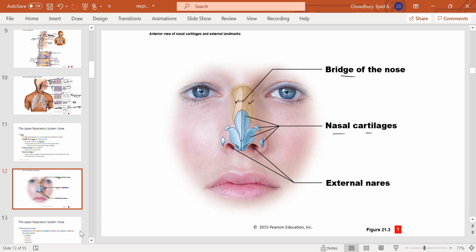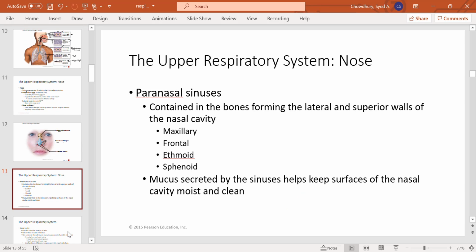Okay, and then paranasal sinuses. Around the nasal cavity, you have a number of sinuses. Sinuses are the spaces inside the bones. So in the bones around your nasal cavity, you have some cavities. Those are the sinuses, and the paranasal sinuses are maxillary.